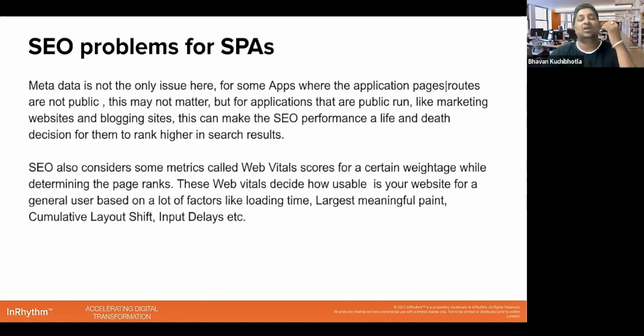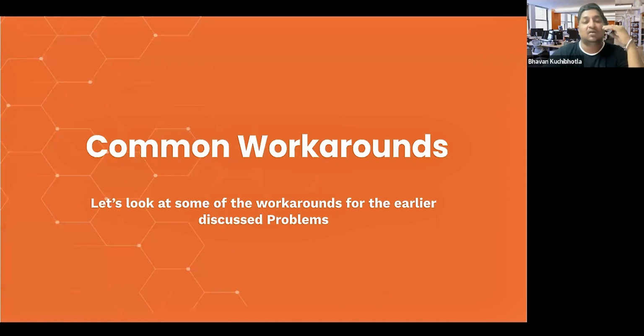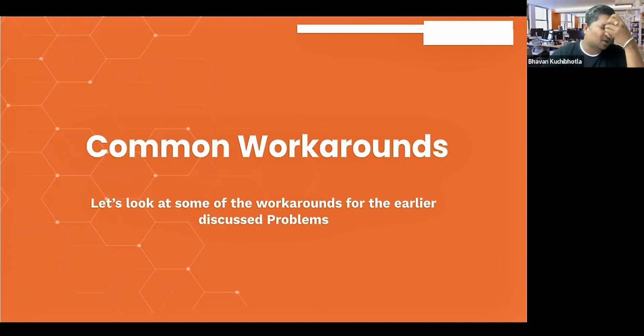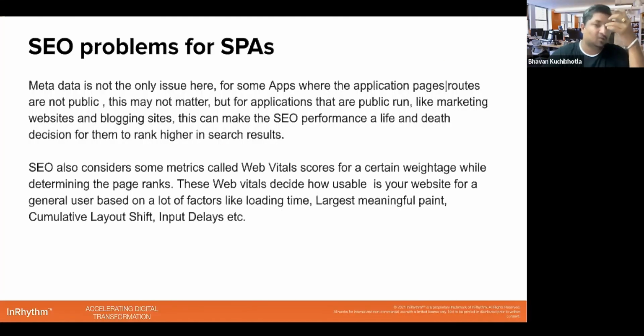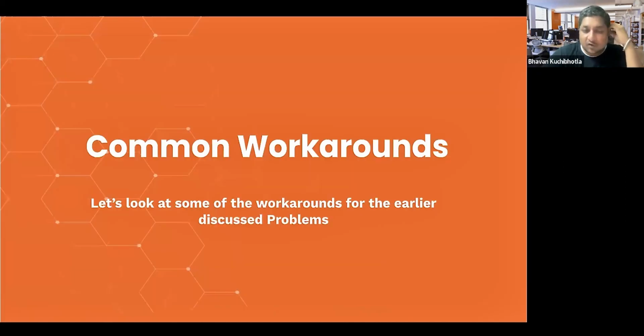They calculate load times, when the first paint is happening, what layout shifts are happening, how much is the delay in the inputs, and a lot of other stuff. But there are generally three major ones that Google considers directly impacting the page ranks. We'll come to that later.